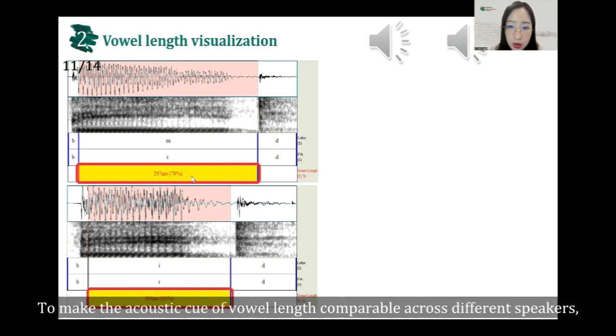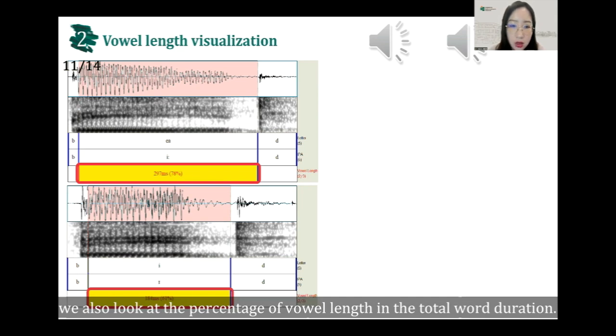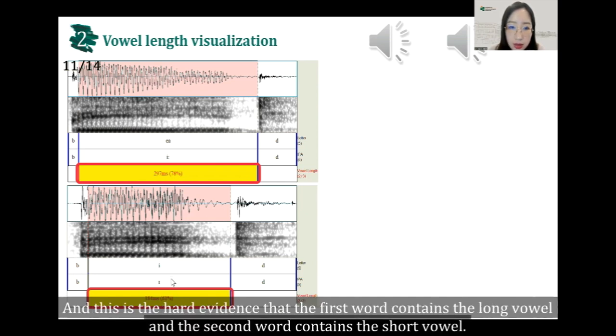To make the acoustic cue of vowel length comparable across different speakers, we also look up the percentage of vowel length in the total word duration. So we can see that 78% of E in bead is higher than the 61% of it in bid. And this is the hard evidence that the first word contains the long vowel and the second word contains the short vowel.